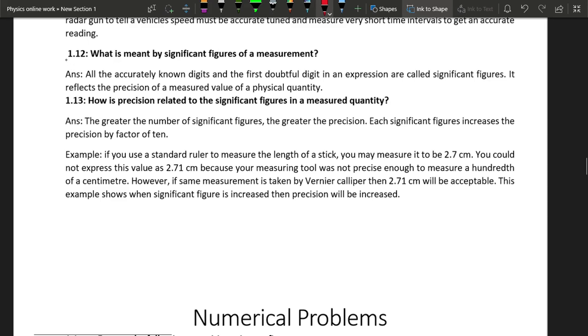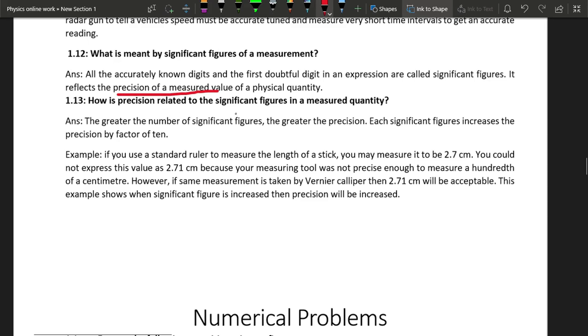You can see the details of significant figures in one of our lectures in which we discuss them. The answer to this question is, just write the definition of significant figures and this important point, that it reflects the precision of the measured value of the physical quantity.